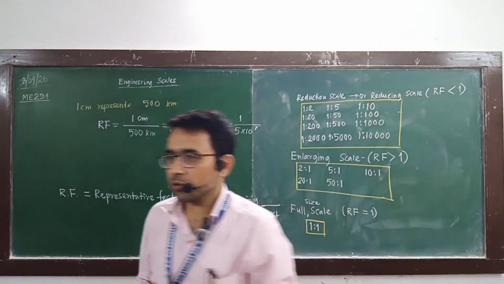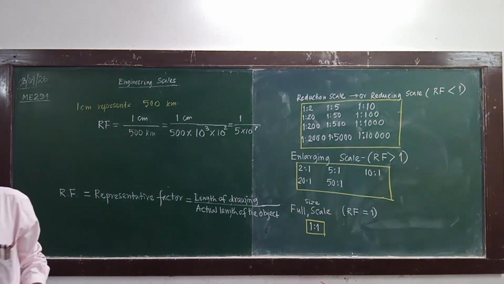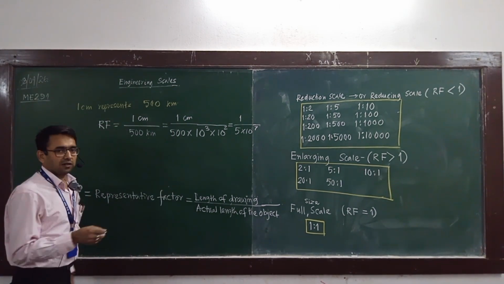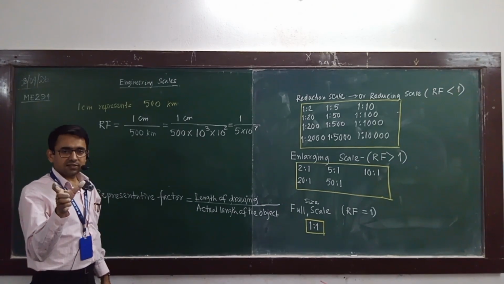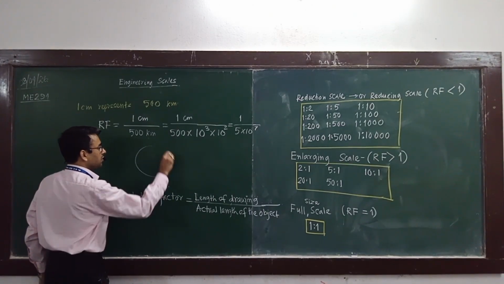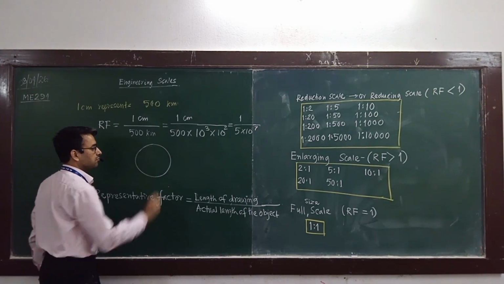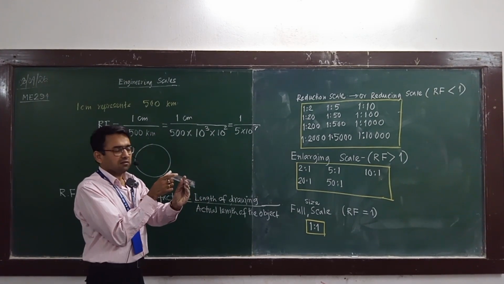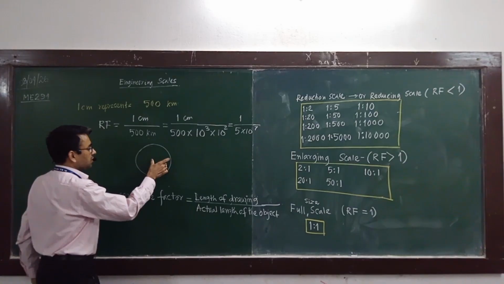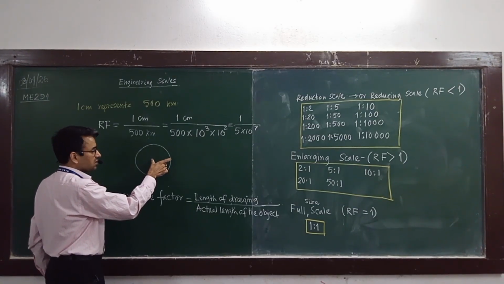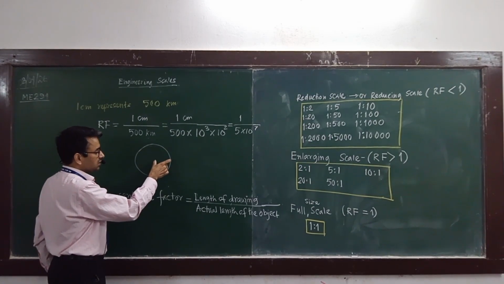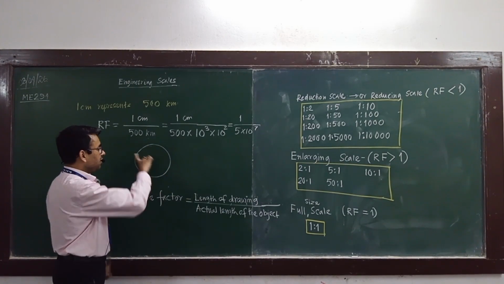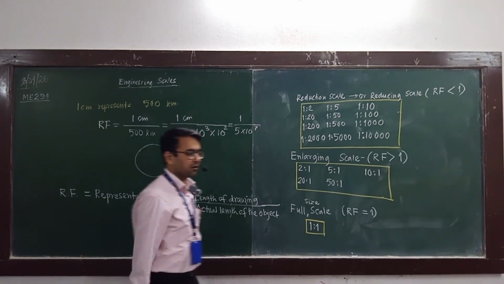So when you draw something, say, I ask you to draw a circle of diameter 10 centimeter. So what will you draw? Like this. 10 centimeter radius. So this is the circle of radius 10 centimeter. Then you will measure from this scale and draw it with the compass.